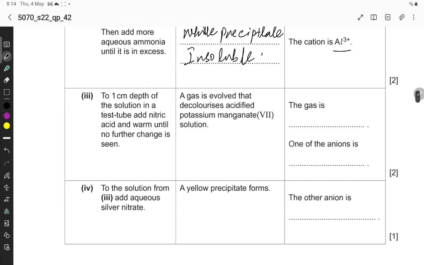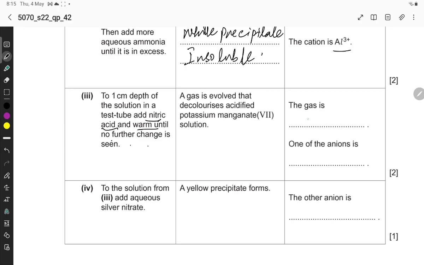To 1 cm depth of the solution in a test tube, add nitric acid and warm until no further change is seen. A gas is evolved that decolorizes acidified potassium manganate 7 solution.